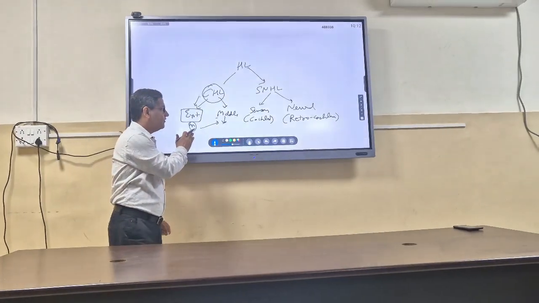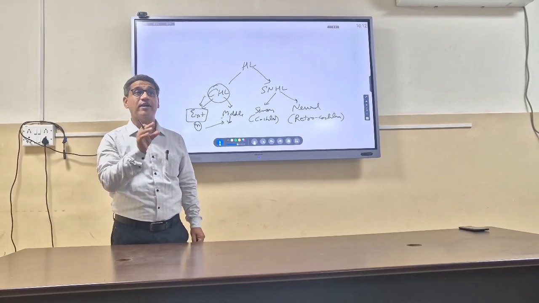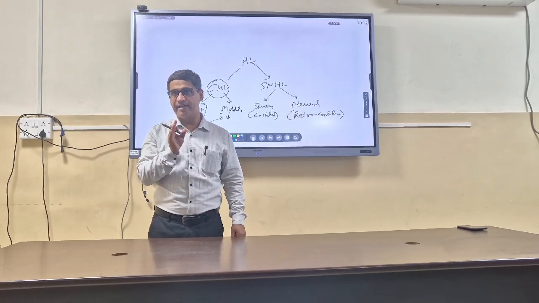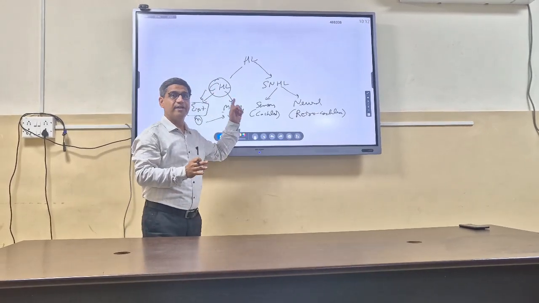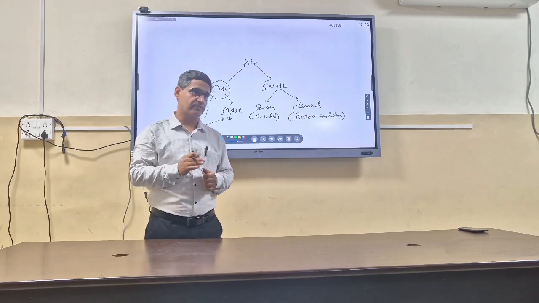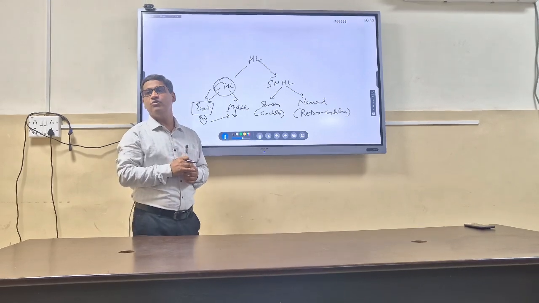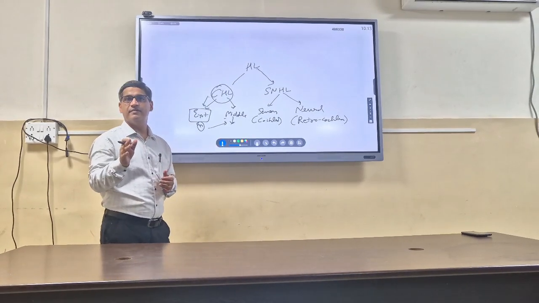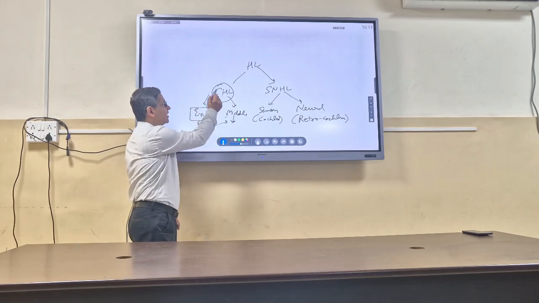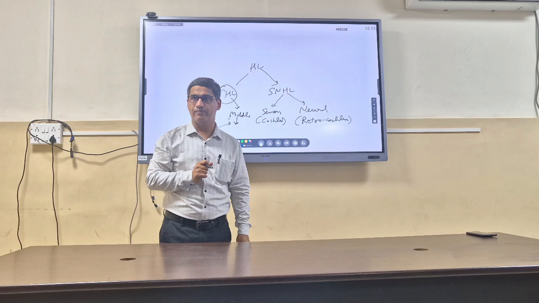Because we are not able to look into the middle ear directly, we look for evidence of pathology in the middle ear indirectly. That is where impedance audiometry, or more specifically tympanometry, comes into action. It becomes the investigation of choice. So if somebody asks you the indication for tympanometry: it is a patient of conductive hearing loss with a normal external ear, which includes a normal tympanic membrane also.